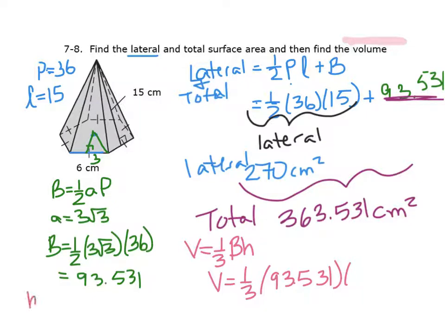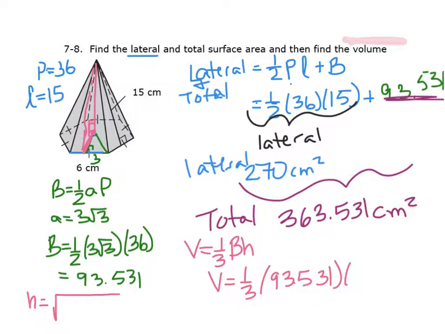Our height is going to be from the center all the way up to the point, and you can cross-section it. If I cross-section it this way, I do have a right triangle. It's just really hard to see at this angle. Now, on the test, you're not going to have one like this. So to find the height, we're going to have to take the square root.